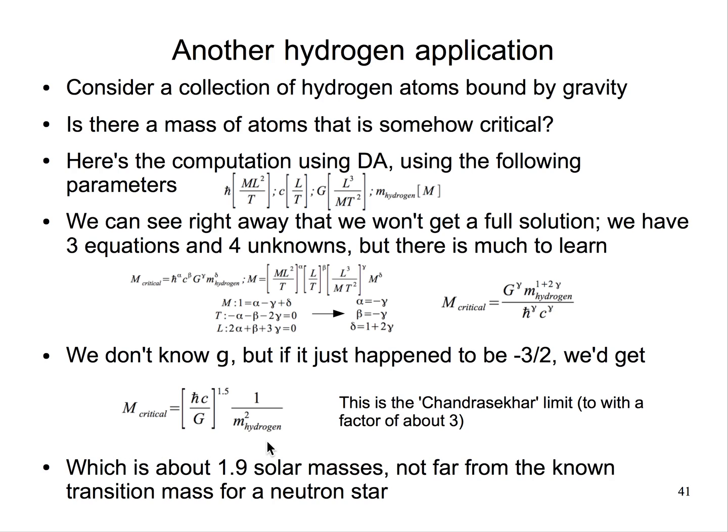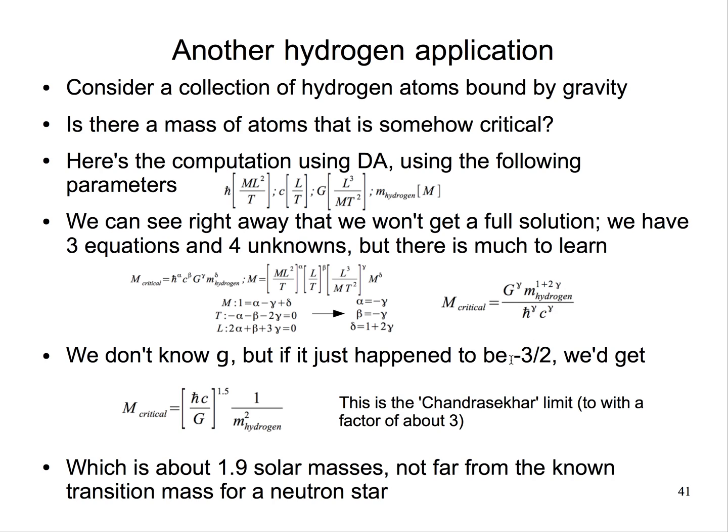And this is the Chandrasekhar limit of the mass that causes something dramatic to happen, namely a sun of this size, about twice our sun's mass, collapsing to a neutron star. Of course, once again, to get this result, you have to have an independent way to figure out gamma. I haven't seen that kind of problem done, but if gamma is minus 3/2, there it is.